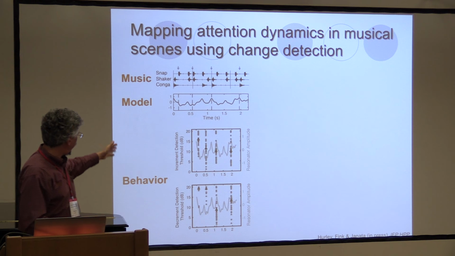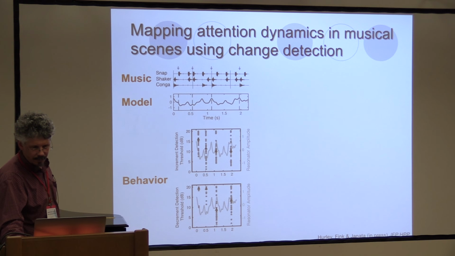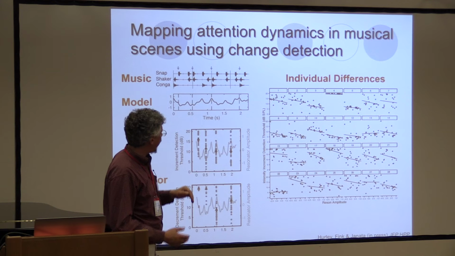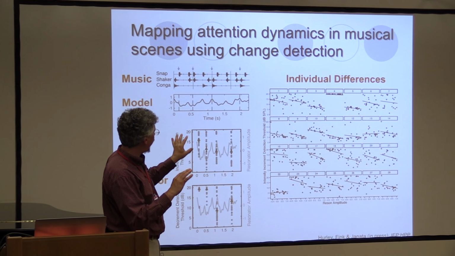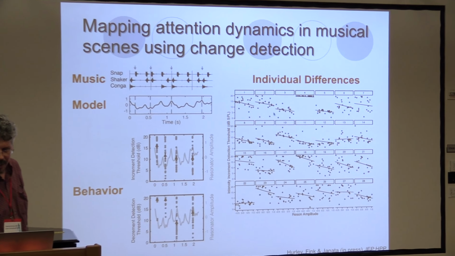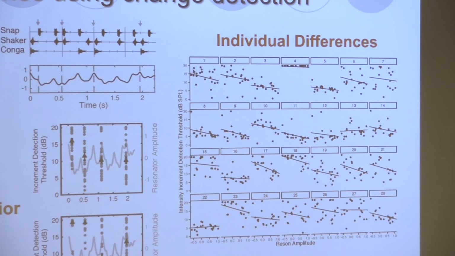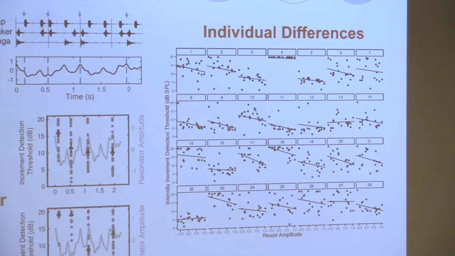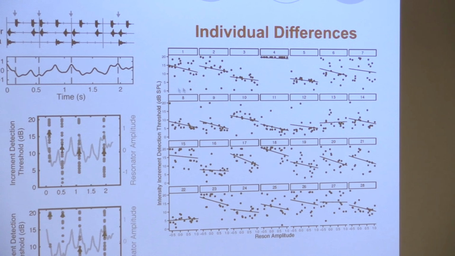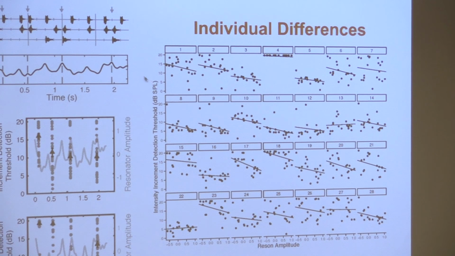And this is just plotting the overall average behavioral data. I think the result is best seen on a plot of the per subject data. So each individual panel here, each group of dots with a line going through it, corresponds to 1 subject. And on the x-axis is the output of the model.